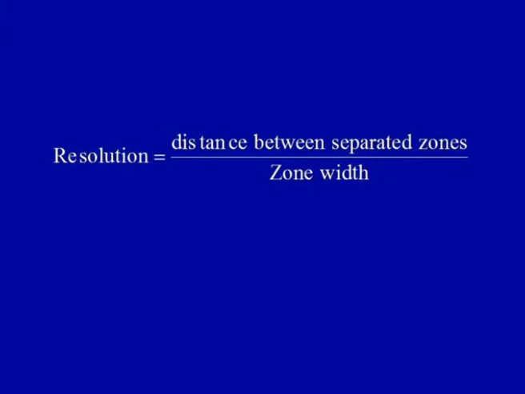When you are purifying this, the aim of gel filtration is to obtain the greatest possible resolution of the molecules of interest, and the resolution will be improved by the distance between the separated zones divided by the zone width. Like I said earlier, the longer the column, the better the resolution, because you give more time for the analytes to separate.